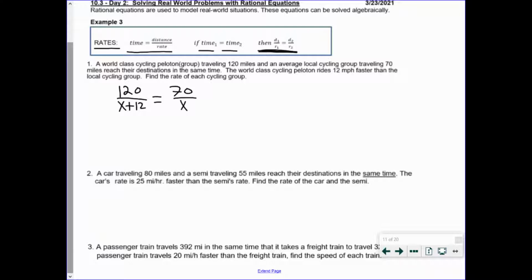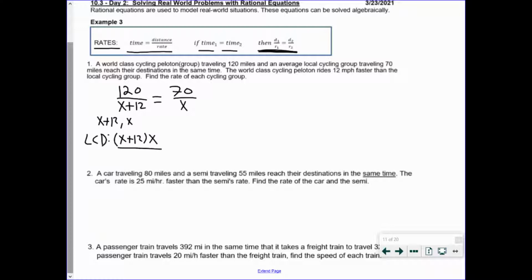From here, we want to find the least common denominator. We list each individual factor we see, x plus 12 and x, and multiply each factor by the highest power we see. Each only has a power of 1, so our LCD is x plus 12 times x.